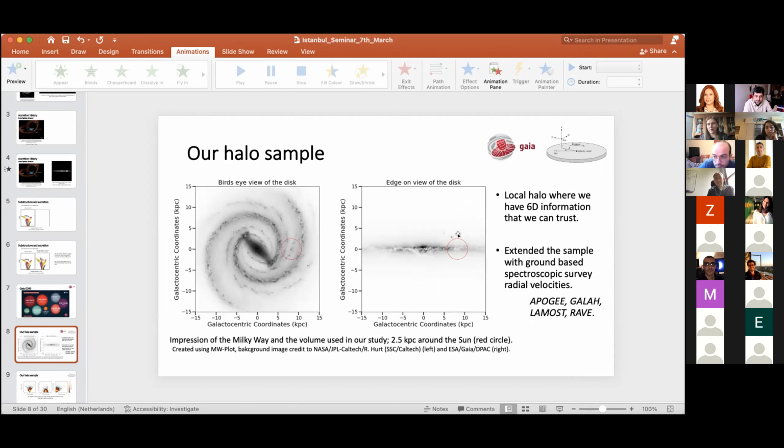And also the debris that goes further out, like Sagittarius, also doesn't enter our local halo, or at least not enough for us to detect it. So it gives us an idea only of the local halo, but we expect that a lot of these big, early mergers will be phase mixed enough within the galaxy that we should expect them to pass through this local region.